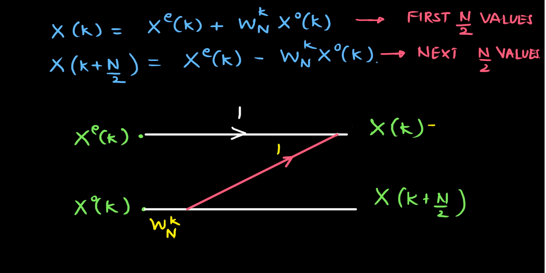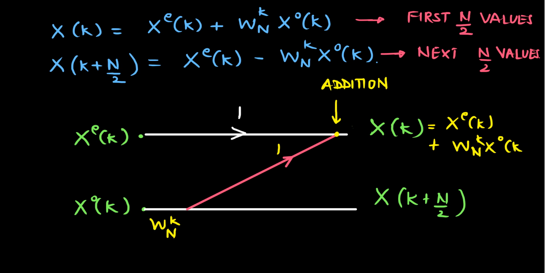So what we are getting here is X even of k scaled by a factor of 1, and X odd of k scaled by a factor of W_N to the power k, which is going to be added here. This point here will be simply indicating addition. So we have W_N to the power k into X odd of k.